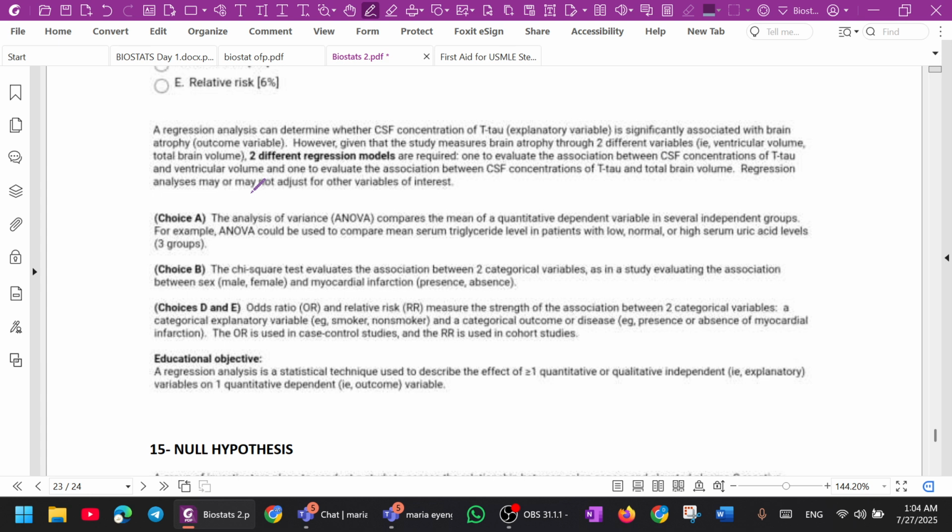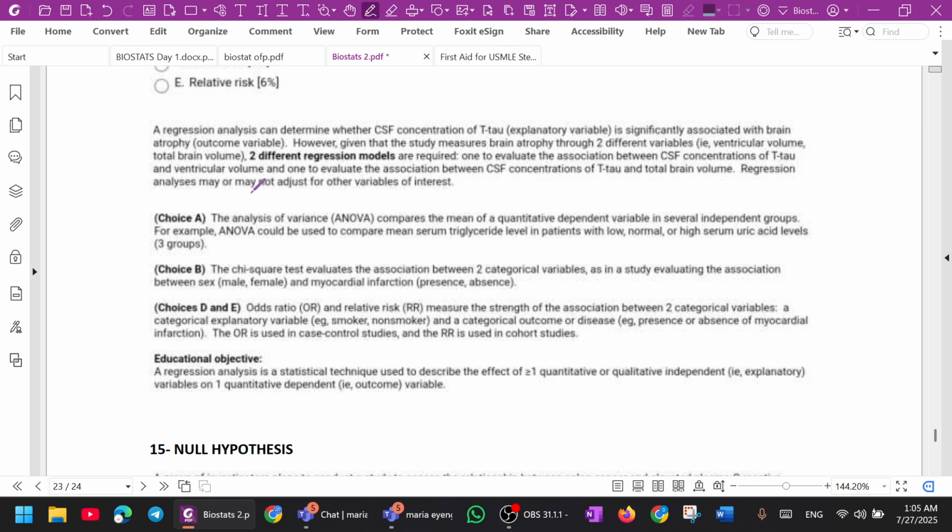One to evaluate the association between the CSF concentration of tau and the ventricular volume. One to evaluate the association between the CSF concentration of tau and the brain volume. Regression analysis may or may not adjust for other variables of interest.